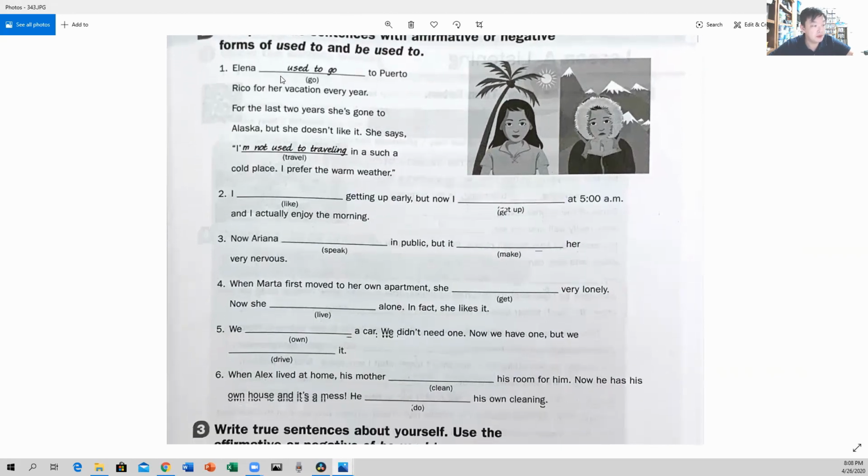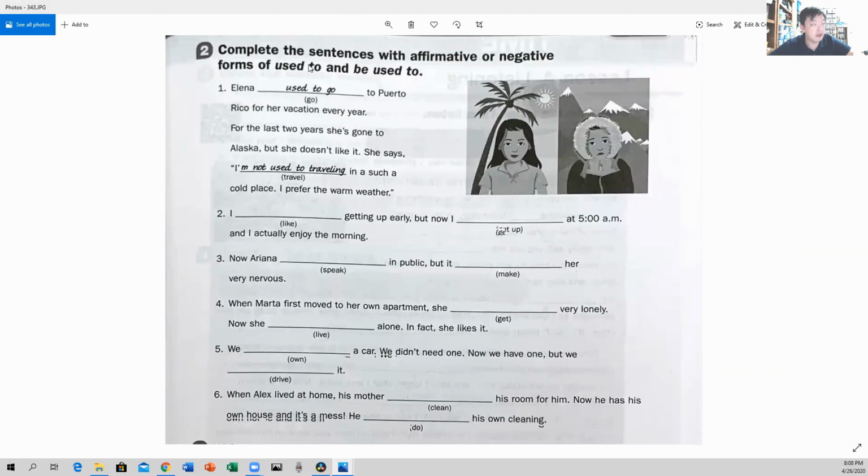Okay, let's complete the sentences with affirmative or negative forms of used to and be used to. Remembering used to is for things that you did in the past, but you don't do anymore. And be used to for things that you are accustomed to, okay? That you keep doing or you keep not doing, okay?